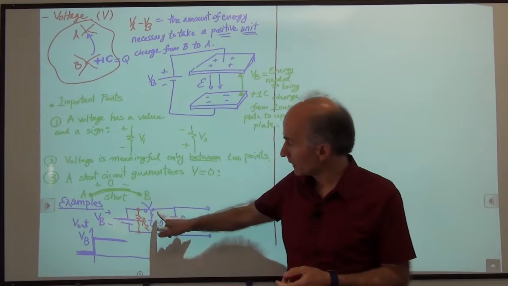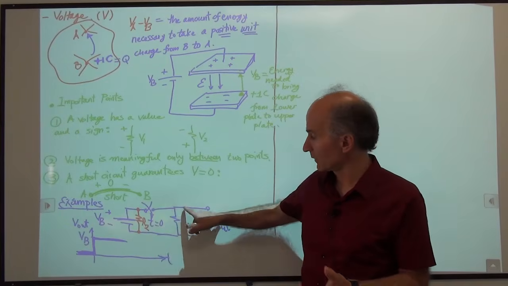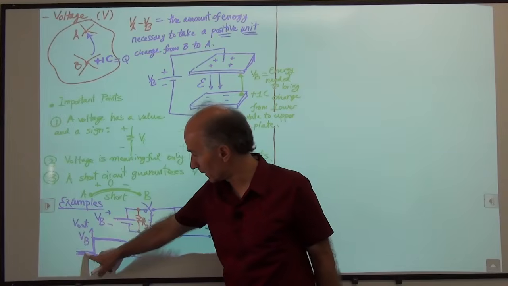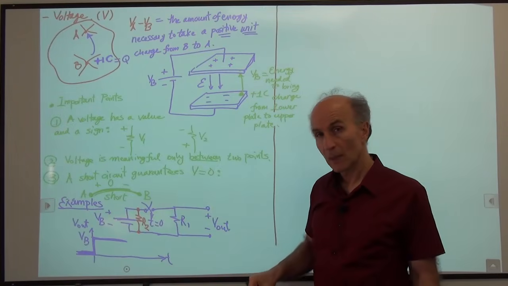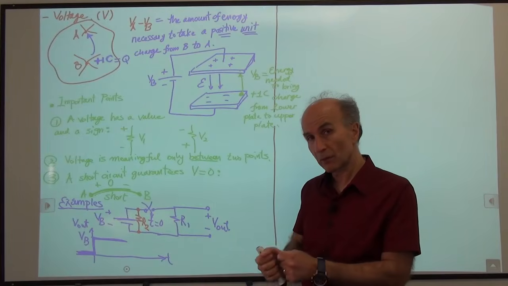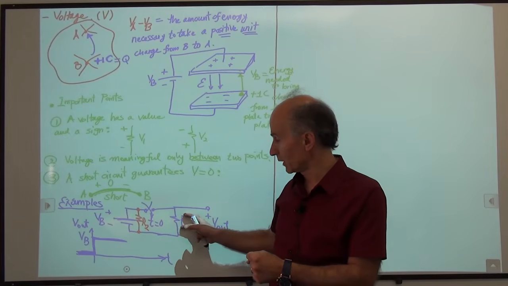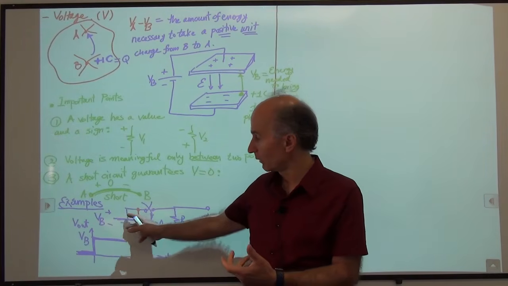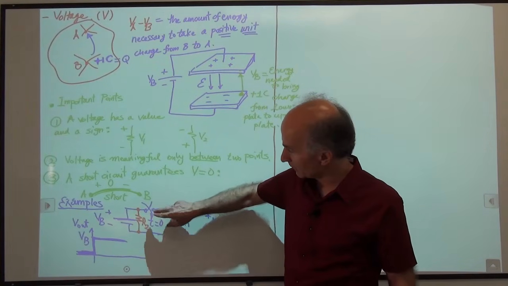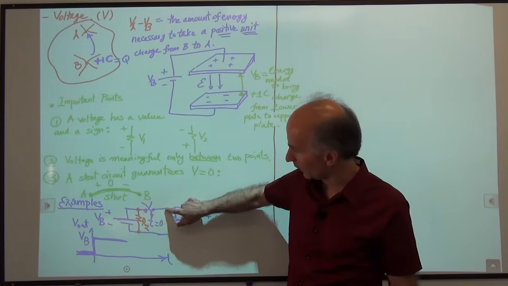Well, when the switch is not conducting, there's no current through R1, V out is still 0, so not a problem. This is 0. When the switch begins to conduct, does the voltage across R1 still equal VB, or is it different? Okay, well, the switch begins to conduct, so it's a piece of wire.